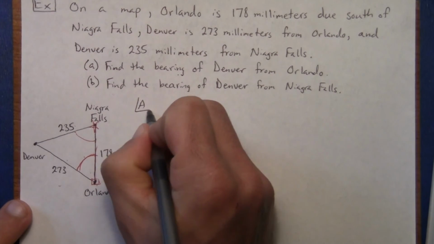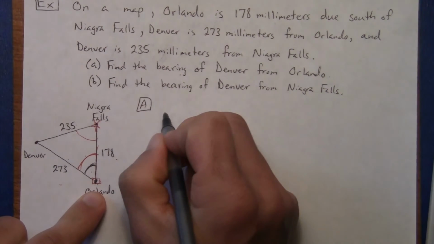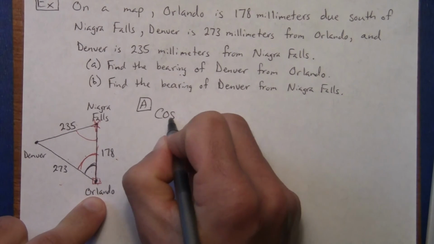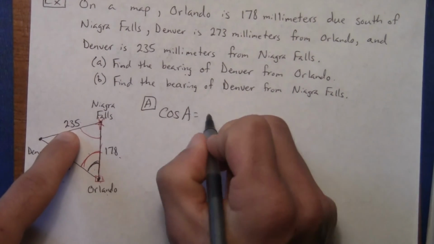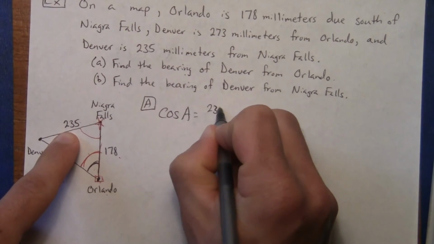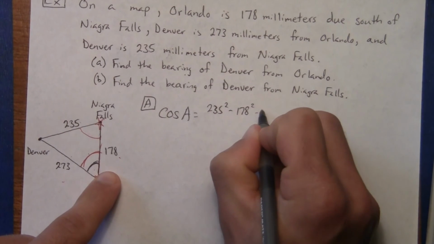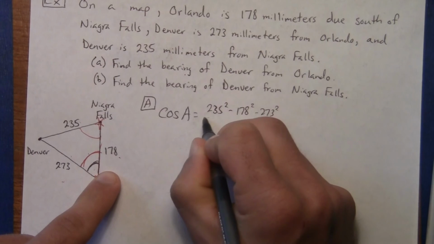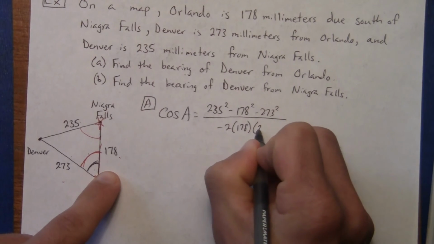So looking at letter A to start with, since I want this particular angle, I'm going to call it angle A. Cosine of A is equal to, I need 235 squared first, minus the other two, so 178 squared minus 273 squared, divided by negative 2 times 178 and 273.